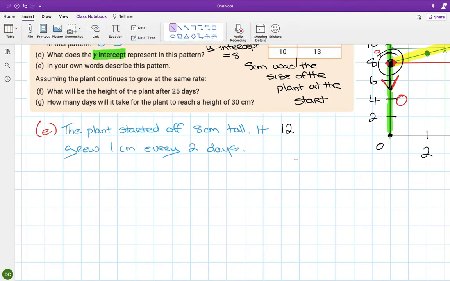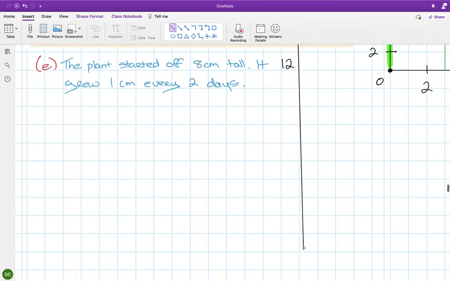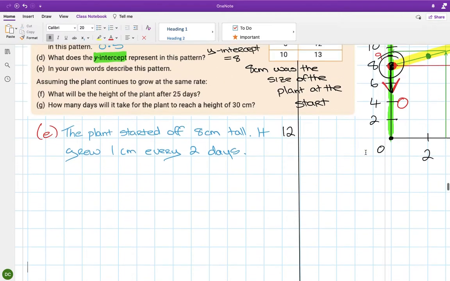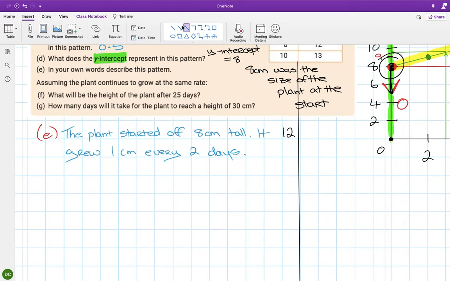Sorry, I have put quite a few numbers down. It's just not syncing again.